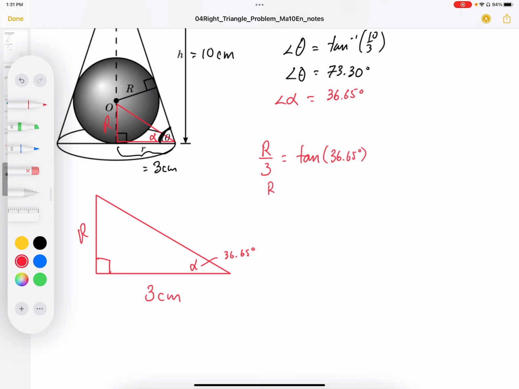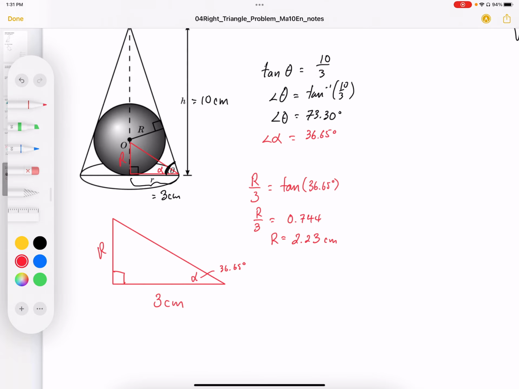If I do tan of that angle, I get 0.744. So the radius of the sphere is times by 3, so we get 2.23 centimeters as the radius of that sphere.